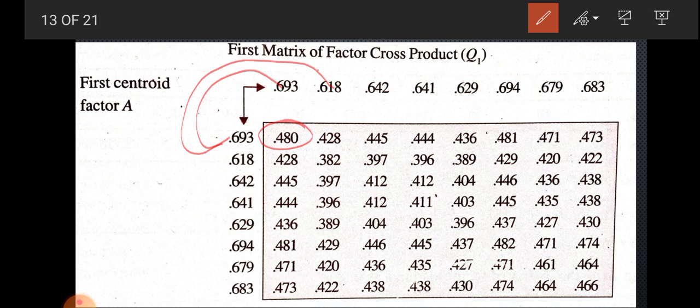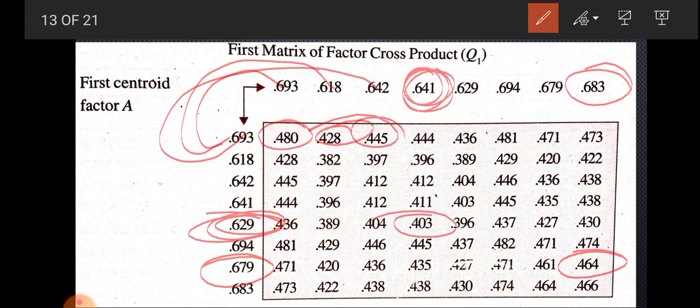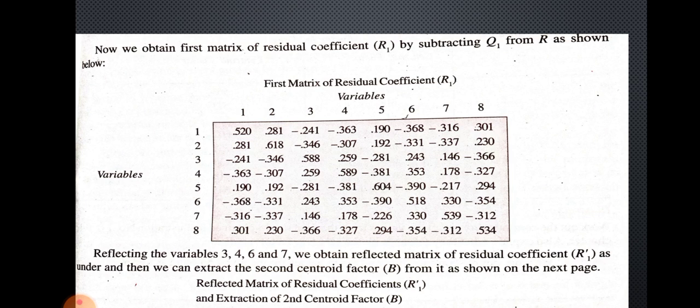Then 0.693 with 0.612, and you write the result here. Suppose this result we have got with the multiplication of 0.641 with 0.629. Similarly, this result we have got with this and this. So this is the way we first find the first matrix of factor cross products, that is Q1.